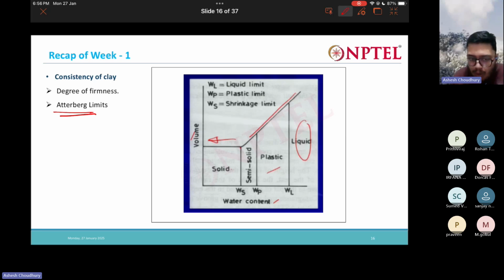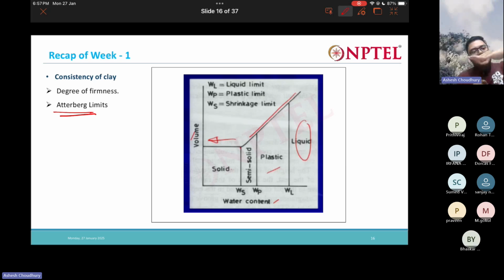The volume of the soil mass has become constant. Initially the volume was reducing and then it became constant. The volume does not shrink anymore. This is known as the shrinkage limit, Ws.